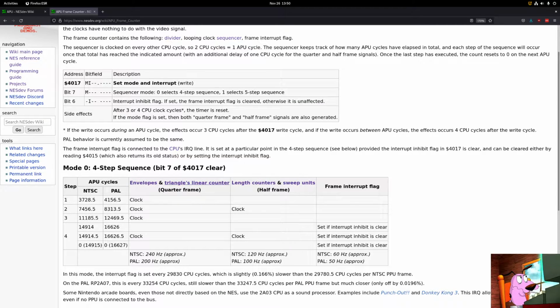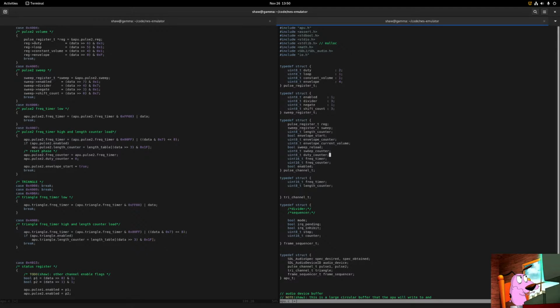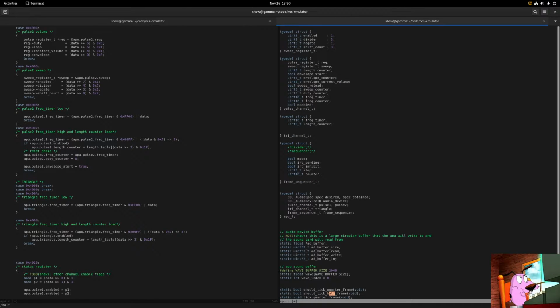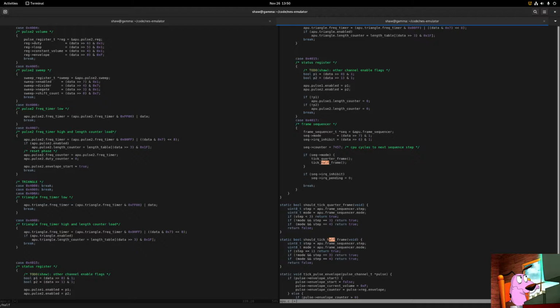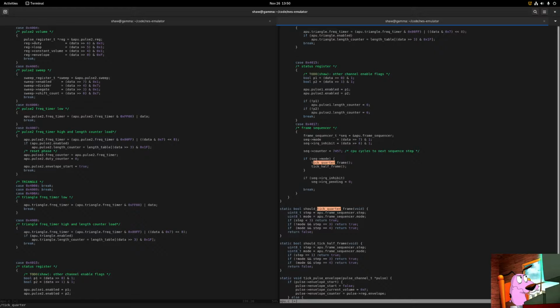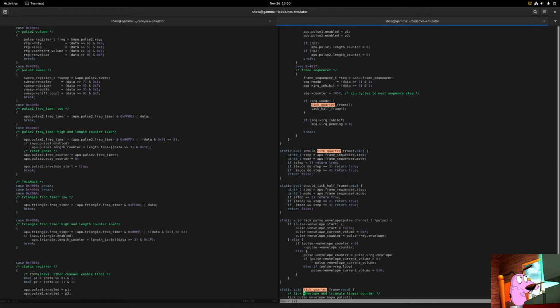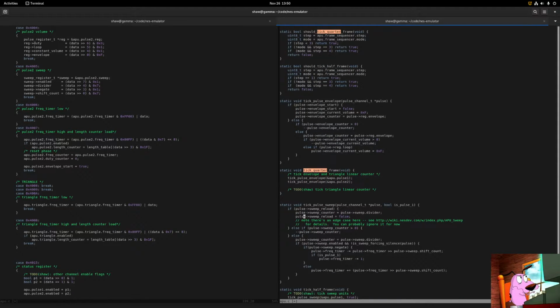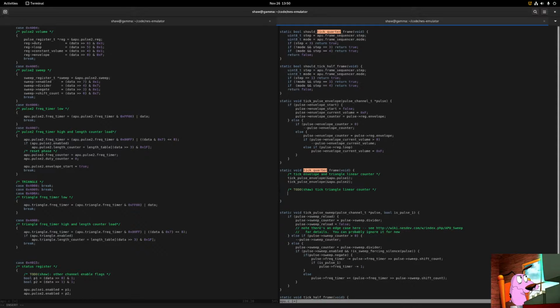Uh-huh. So I think I have some to-dos about this. What was that? Like half frame and stuff. Tick half frame. Yeah, tick other channel length counters. And then the quarter frame. Yeah, so here I'm supposed to do the linear counter.